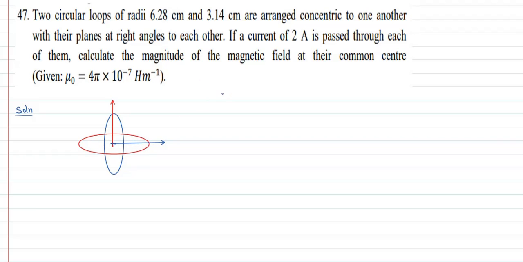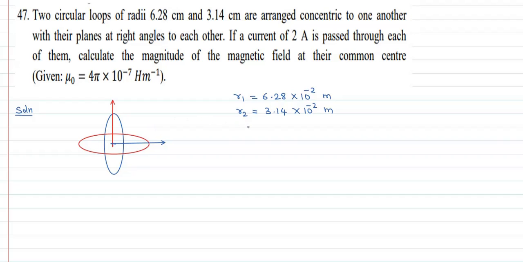So two circular loops of radii: I will take R1 is 6.28 centimeters, that is 6.28 into 10 raised to minus 2 meters, and R2 is 3.14 centimeter, that is 3.14 into 10 raised to minus 2 meters, concentric.